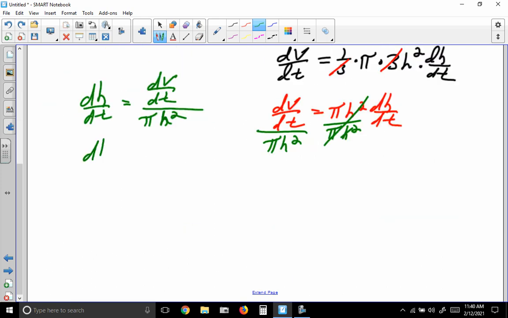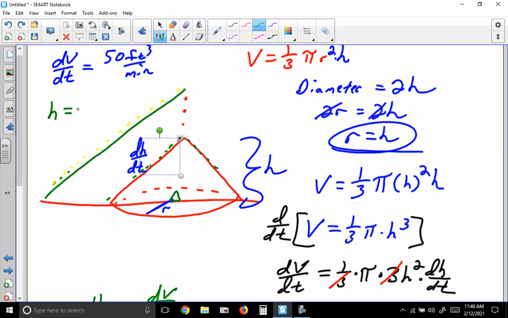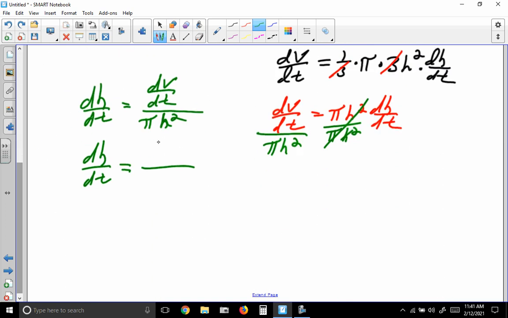So we want to know how fast the height is changing, specifically when our height is, let's say, 5 feet tall. So that's going to be a given. Our rate that we're adding sand to the pile is 50. Pi is a constant. We're analyzing this when our height is 5 feet.